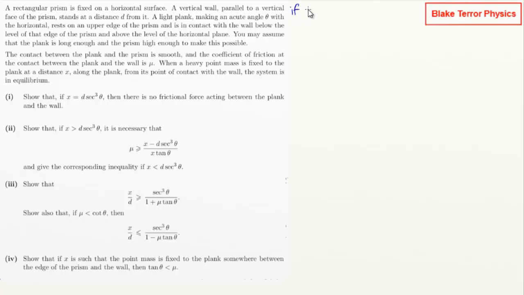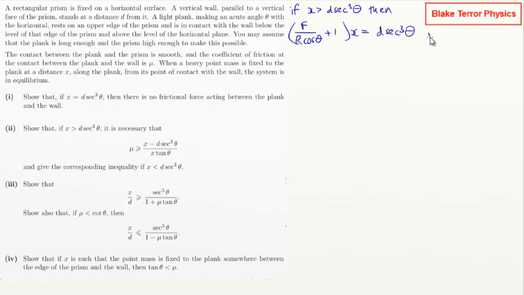So we've got if x is greater than d sec cubed theta, then, so what did I have on the previous one? It was f over r cos theta, wasn't it? f over r cos theta plus 1 times x equals d sec cubed theta. So that would mean then that f is going to have to be negative.